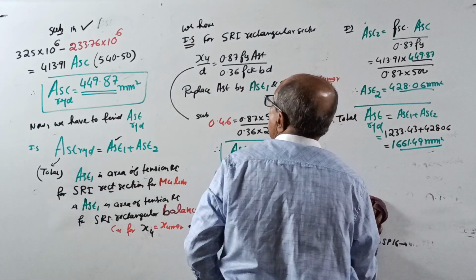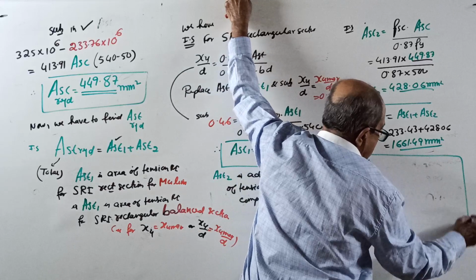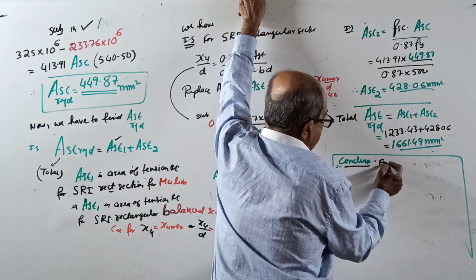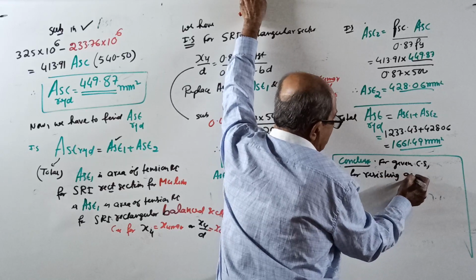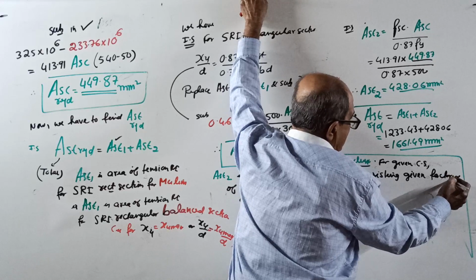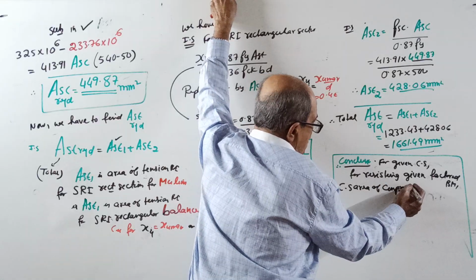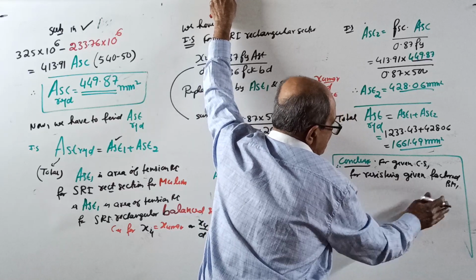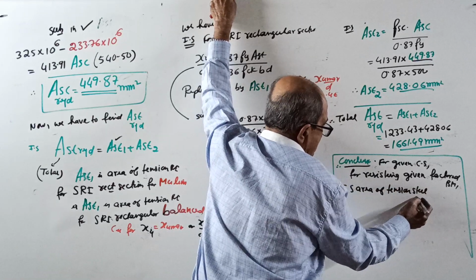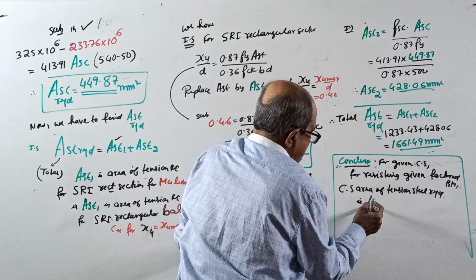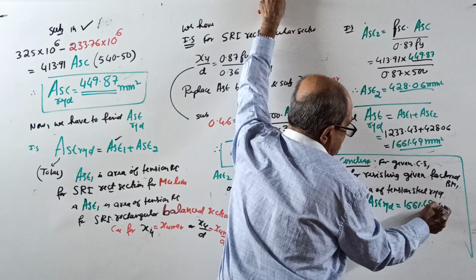Now write the conclusion. Therefore, for the given cross section, for resisting the given factored BM, you should always first write the cross sectional area of tension steel required, that is AST required, equal to 1661.49 mm square.